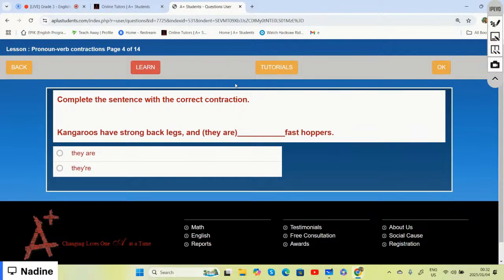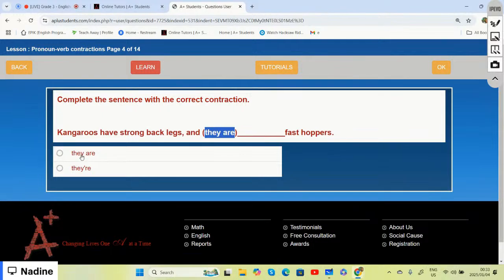The next one says kangaroos have strong back legs and they are fast hoppers. So kangaroos have strong back legs and they are fast hoppers. We need to find the contraction of they are.